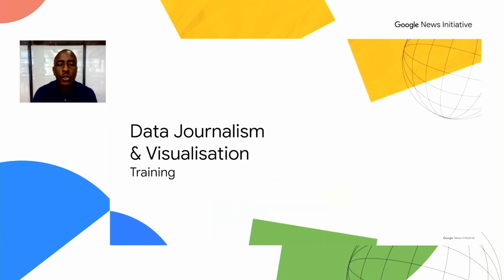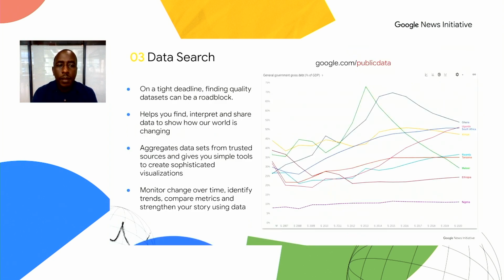This track on data journalism and visualization allows journalists to find and tell stories using data and create interactive visualizations. The Public Data tool, this data search engine, helps you find, interpret, and share data to show how our world is changing. Public Data provides global statistics on environment, economics, labor, health, education, or poverty.